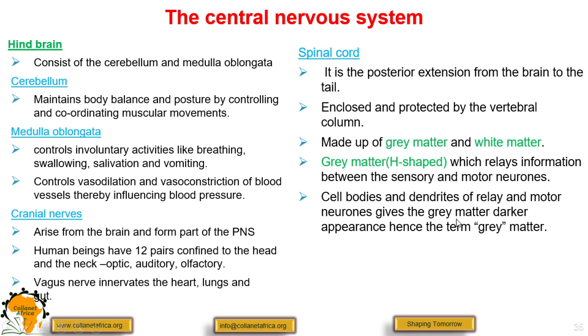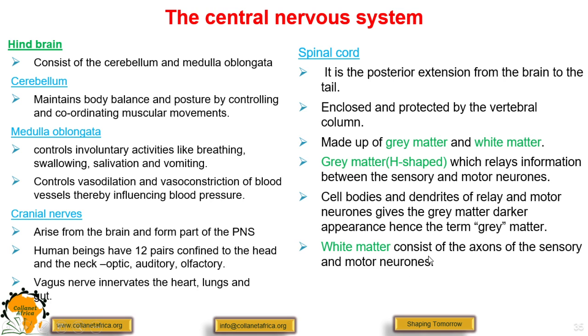The cell bodies and dendrites of relay and motor neurons give the gray matter a darker appearance, hence the term gray. So for it to be called gray matter, it is because of the cell bodies and the dendrites of relay neurons. So they have a gray appearance, hence the name gray matter.